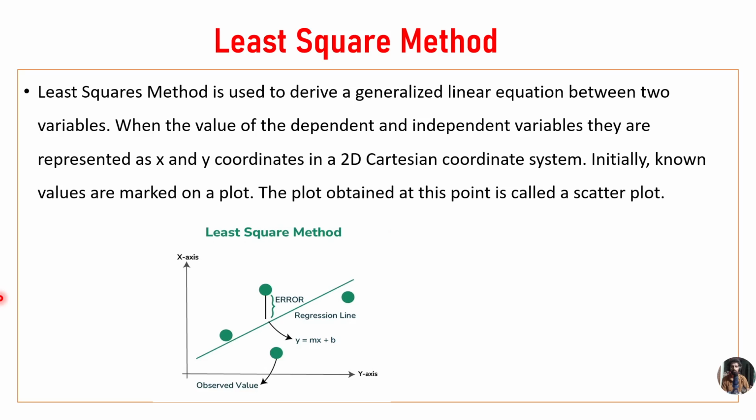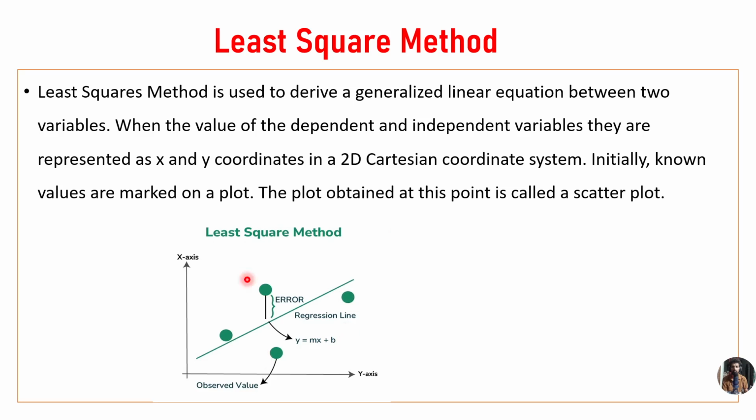The least square method is used to derive a generalized linear equation between two variables when the values of the dependent and independent variables are represented as x and y coordinates in the 2D Cartesian coordinate system. Initially known values are marked on the plot.